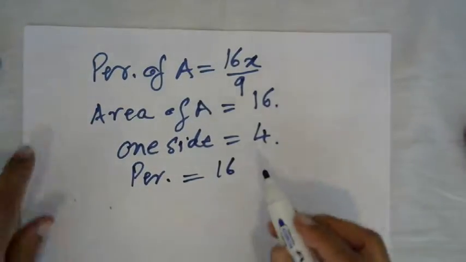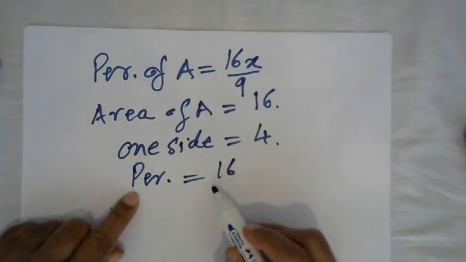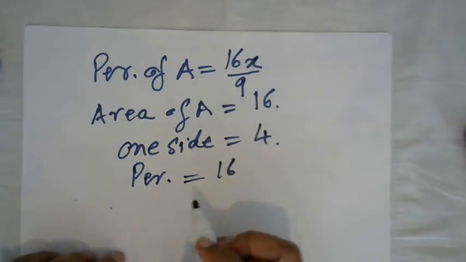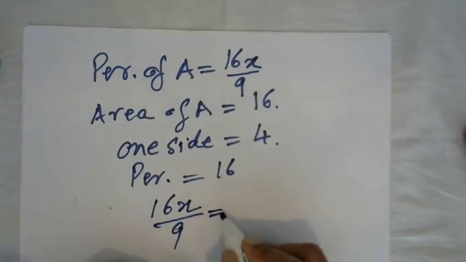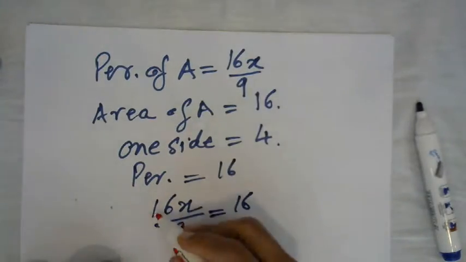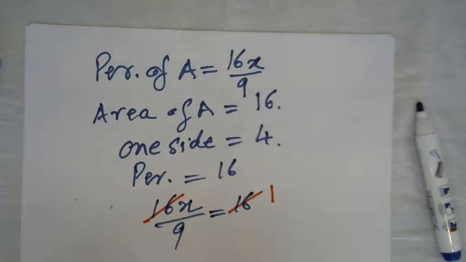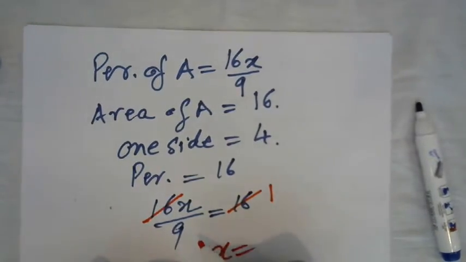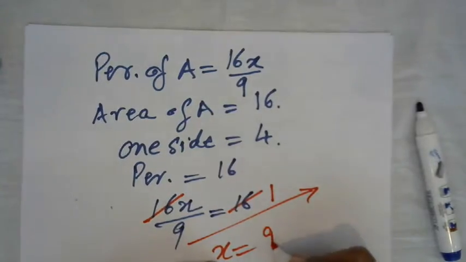Now we have found the perimeter of A in terms of x, and we have found the perimeter of A, which is 16. So I can say 16x by 9 is equal to 16. Well, you can cancel 16 from both sides and you will be left with 1. That will give me x is equal to, we transfer 9 on the right hand side, 9 times 1 is 9. So we have found x.